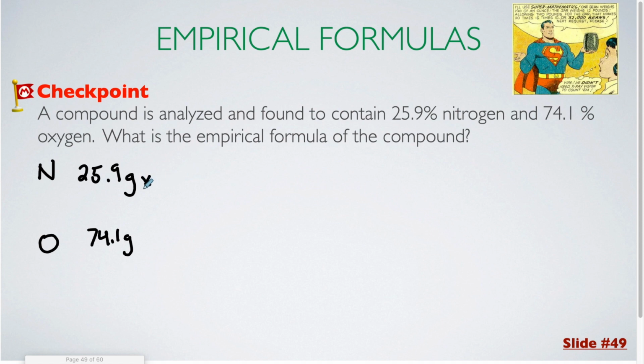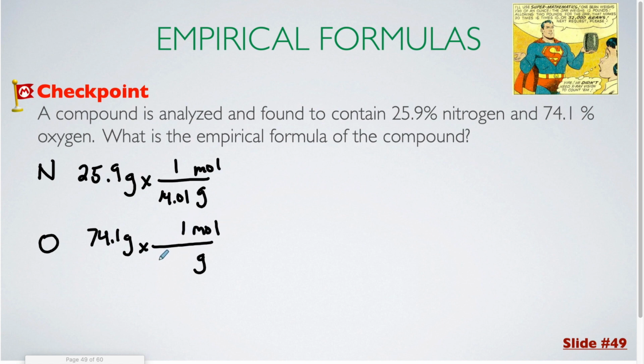All right, so next, I am going to do a one-step gram to mole conversion. Grams of nitrogen on the bottom, moles of nitrogen on the top. And the mass I am going to get from the periodic table. So the molar mass of a nitrogen atom is 14.01. I'm going to do the same exact thing for my oxygen. Grams to moles, 1 mole.